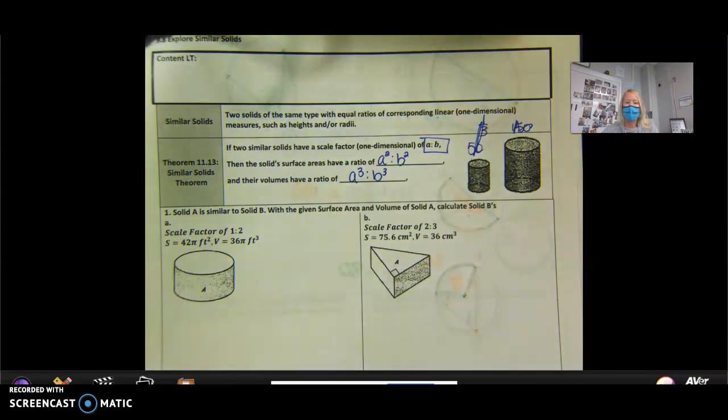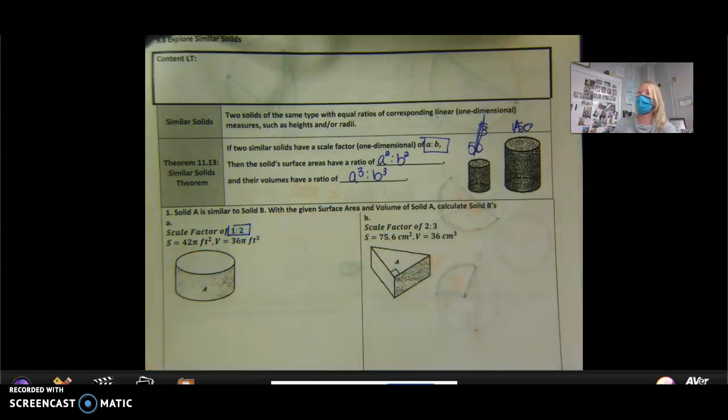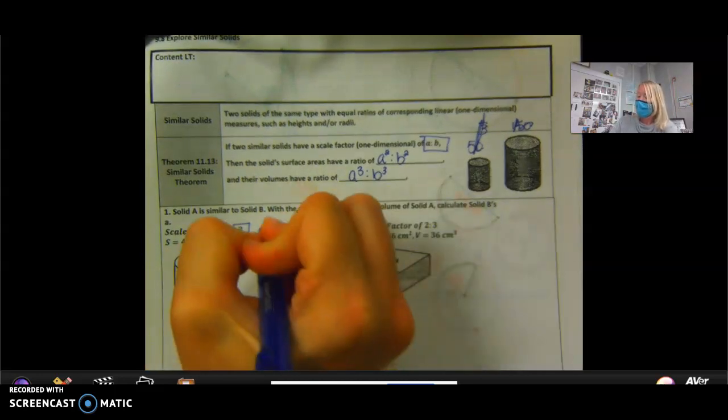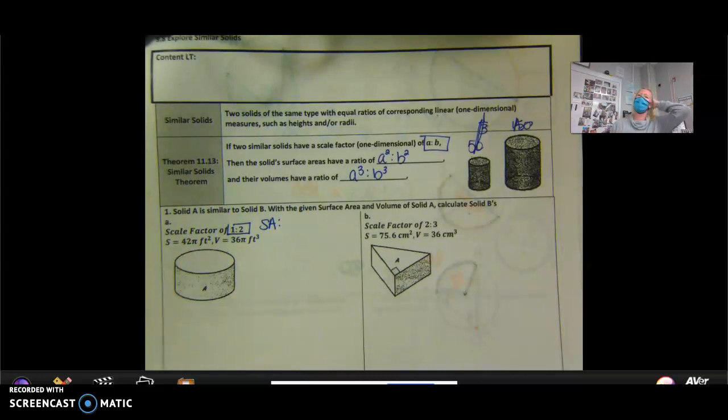So number 1, solid A is similar to solid B with the given surface area and volume of solid A. Calculate solid B's surface area and volume. So here's their scale factor. It's a ratio of 1 to 2. So if we're thinking about surface area, what would the surface area ratio be?